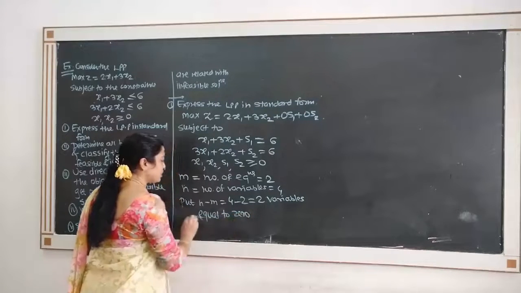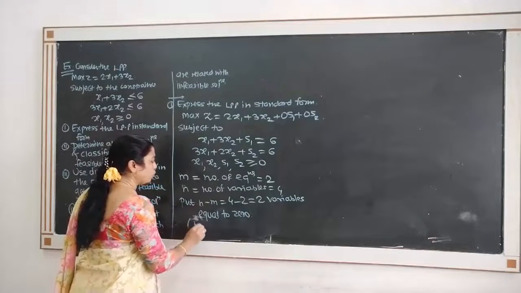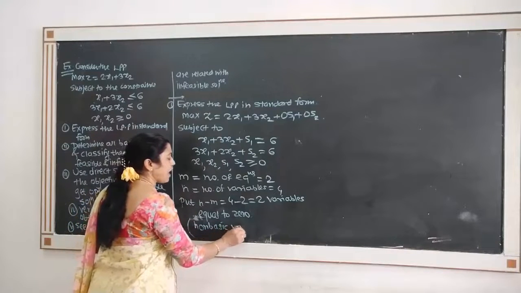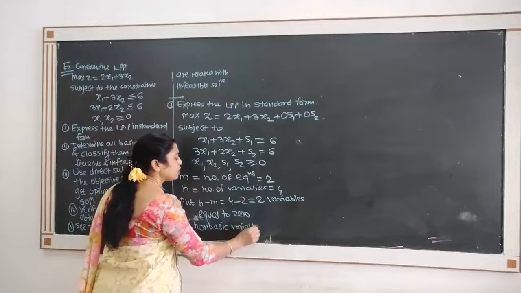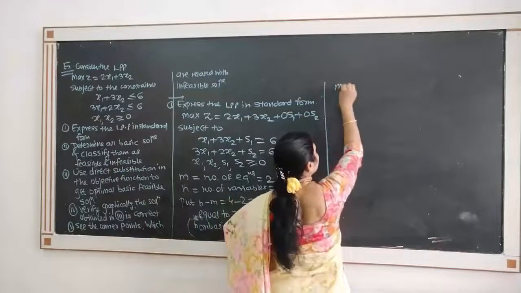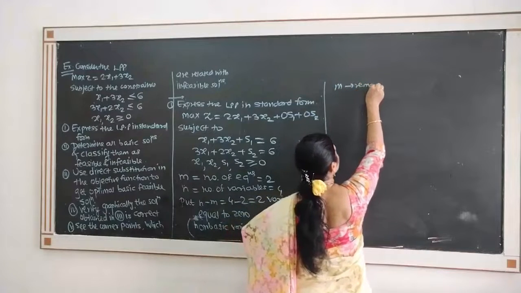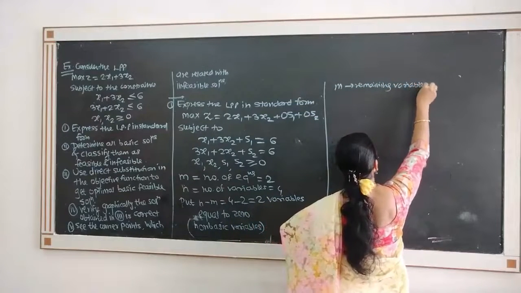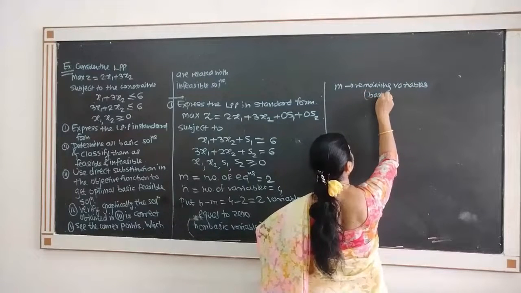These variables which are assigned 0 value are known as non-basic variables, and the remaining m variables are known as basic variables.